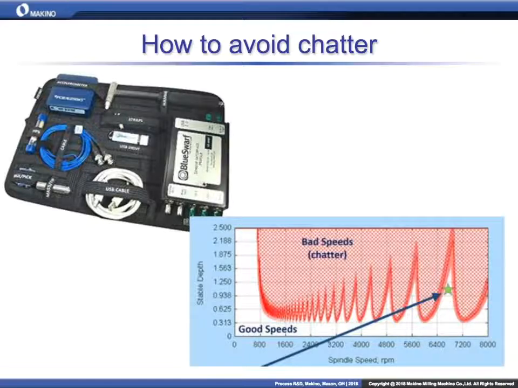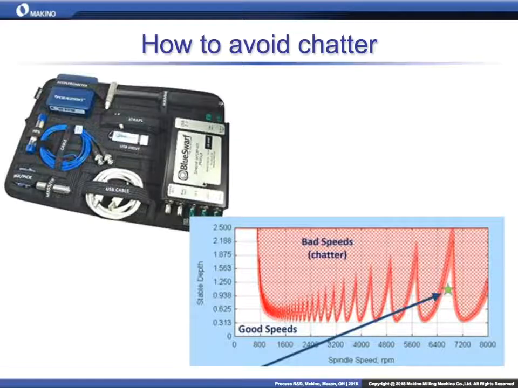Now, for most of us out there, we couldn't care less what the tool's natural frequency is as a number. You go to the shop manager, the production manager, and you say, "Are you very interested in what the tool's natural frequency is?" And he's going to say, "No, I couldn't care less." So what the software also does is it takes that information and puts it in a useful way.